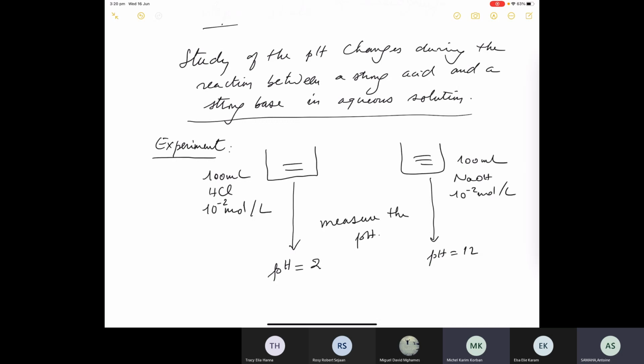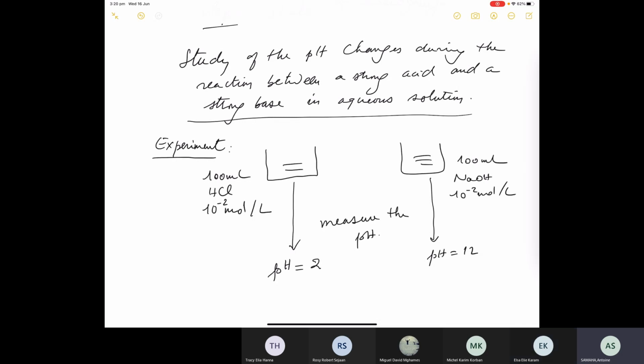If H3O+ is greater, it is acidic; if OH- is greater, it is basic; and if they are equal, it is neutral. We have calculated pH in terms of molar concentration of acid and molar concentration of base.